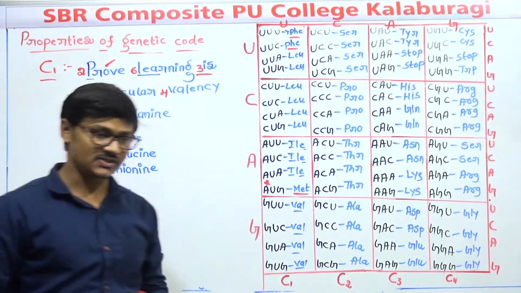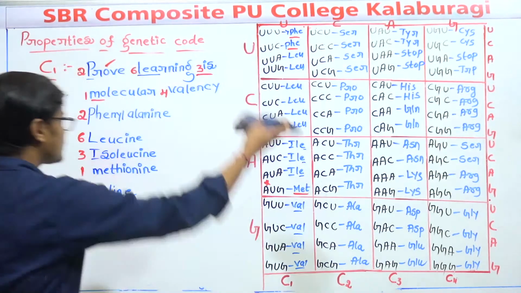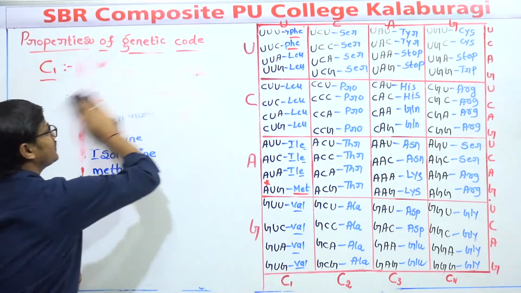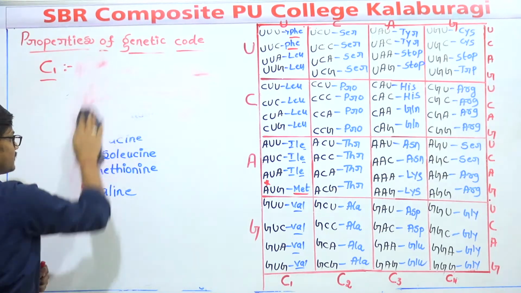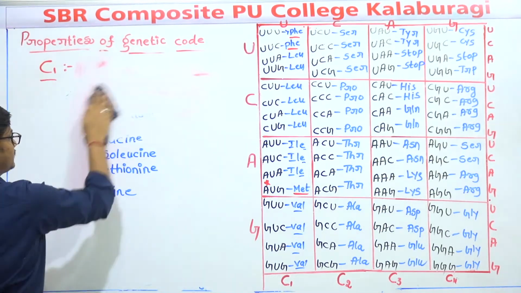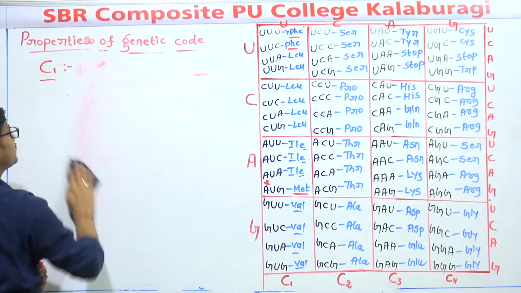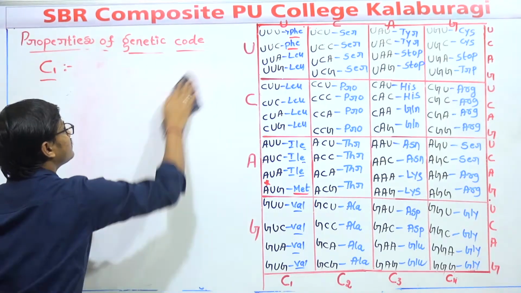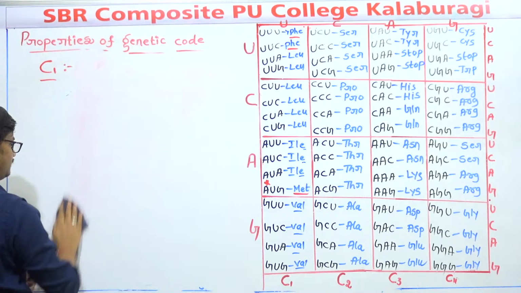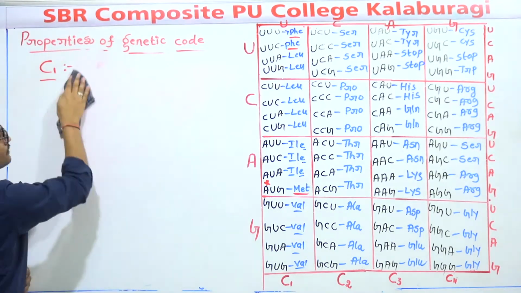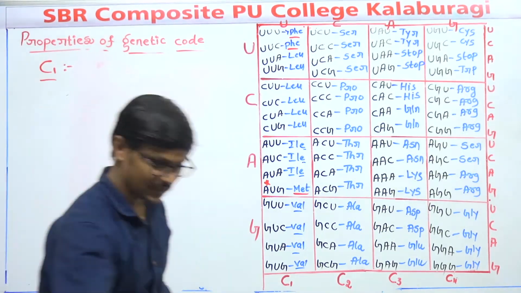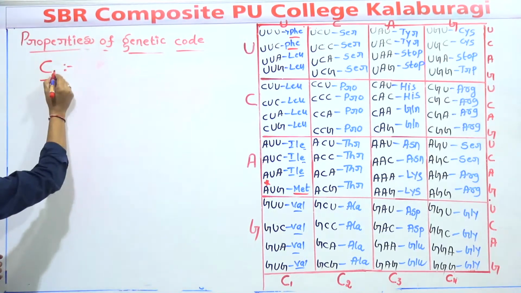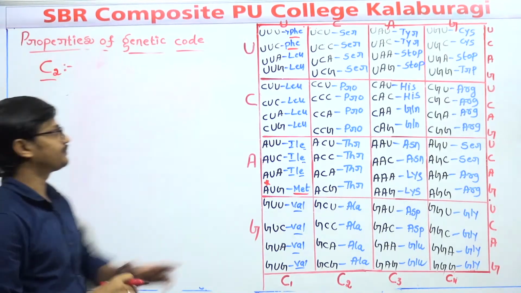Now let us see the second one, column 2. This one.